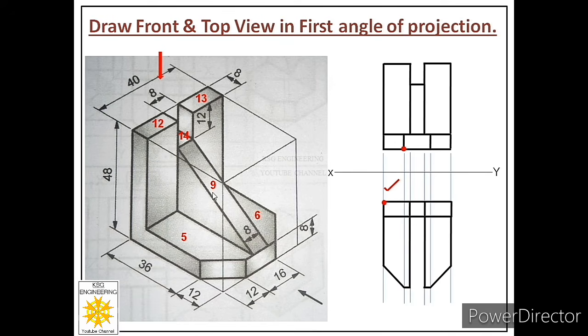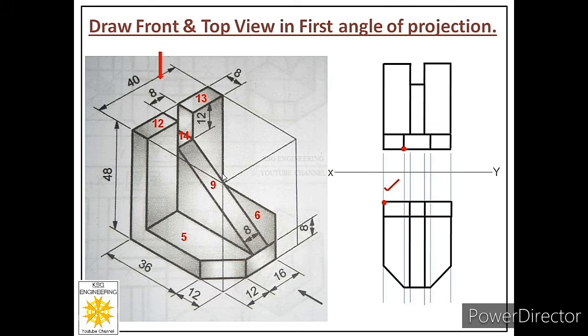So in order to complete face 9, we just have to locate these 2 points, and we know this point is on face 5. This point is shared by face 5, and this point is already plotted by us over here. So from this point we will sketch a horizontal line and we'll get face 9.